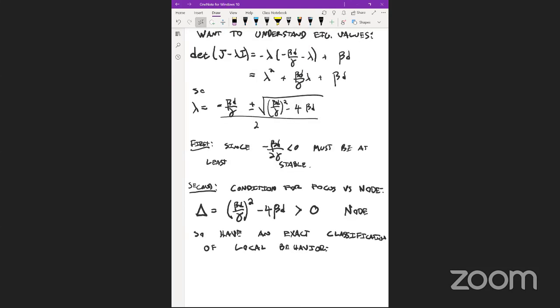In particular, if beta D is greater than 4 gamma, we have a node. If beta D is less than 4 gamma, we have a focus.